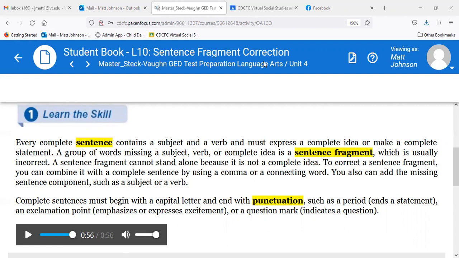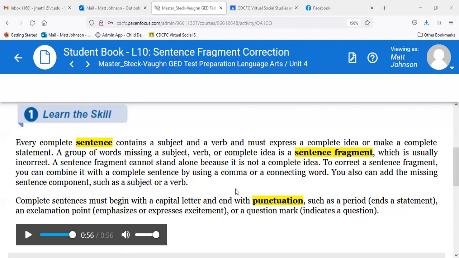In sentence fragments, we run into them sometimes if we're in a rush and we're writing. Sometimes, of course, in conversational grammar in English, we do not speak in complete sentences. And sometimes context matters. So if we're talking to people, they kind of understand what we're saying. And of course, along with everything else, punctuation is the other way that's going to make a complete sentence.